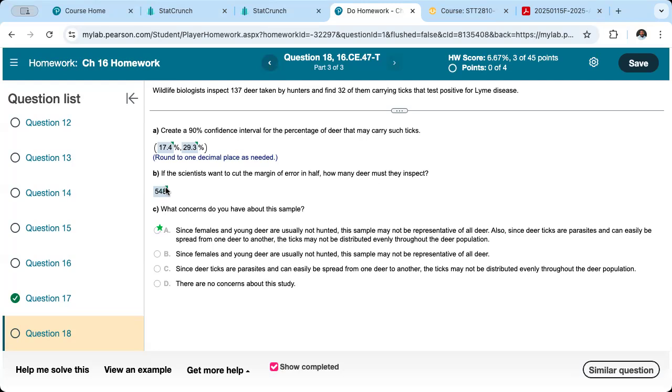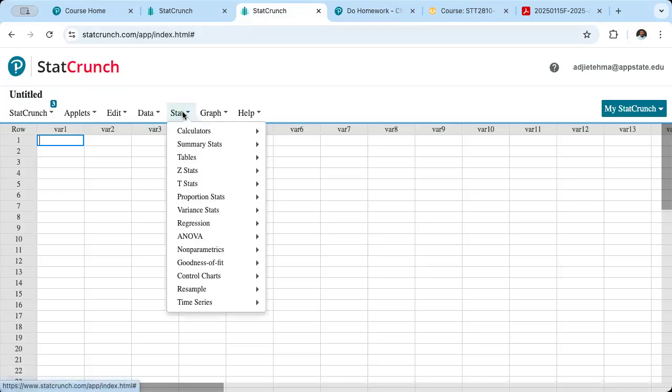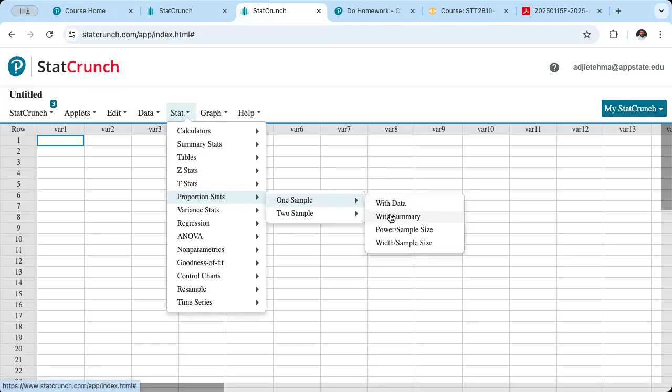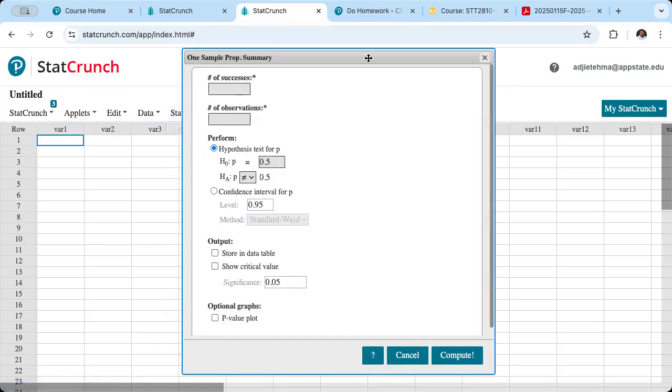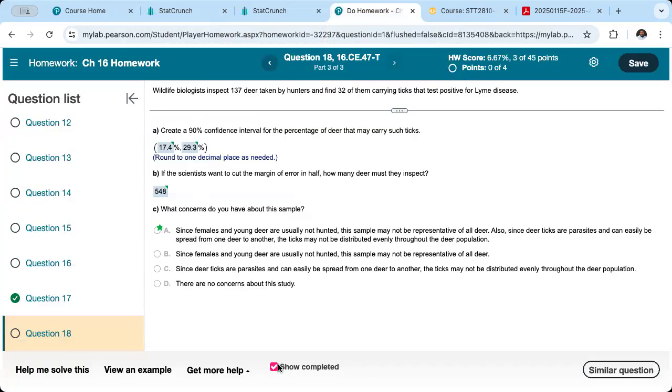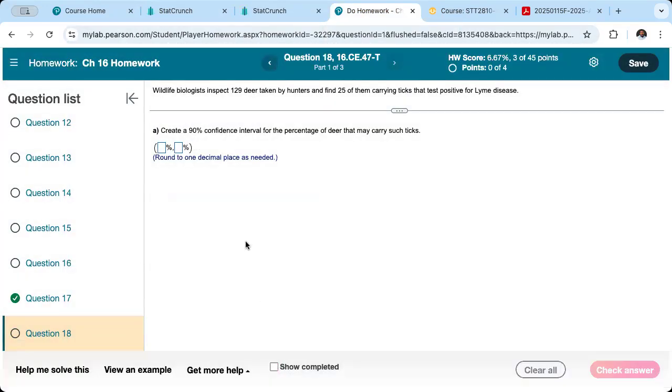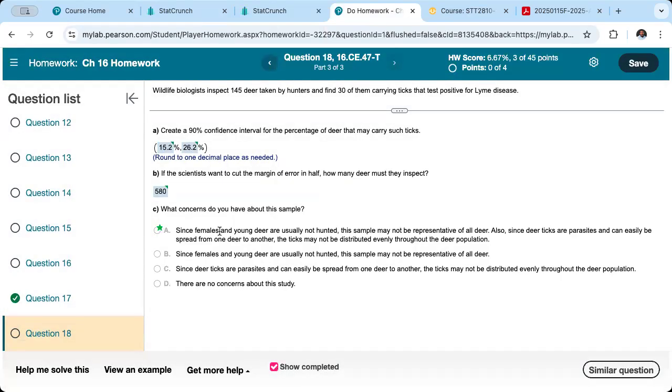So 18, we can see from here, when we go to StatCrunch, we go to Stat, Proportion Stats, and then with Summary here. And then we can see from here that this is 145 and then this is 30.